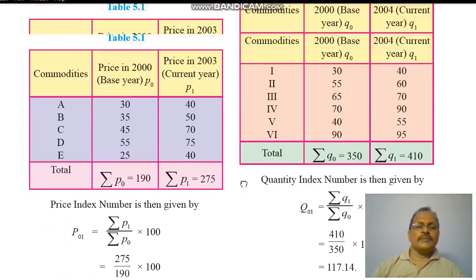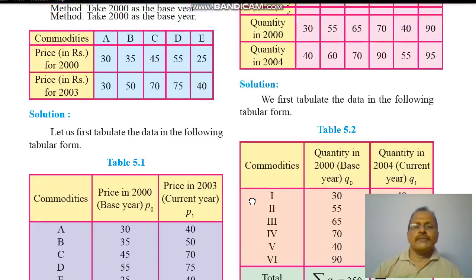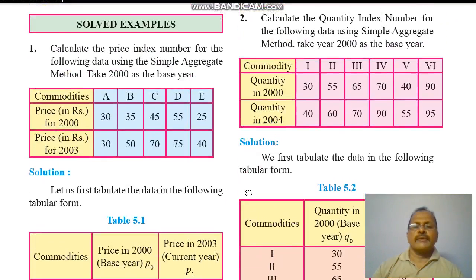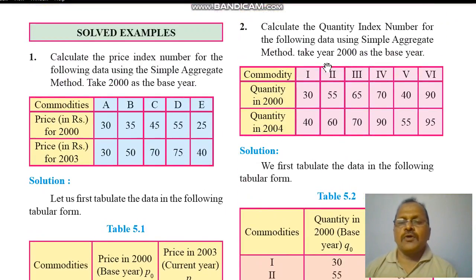Second solved problem is: calculate the quantity index number for the following data using the simple aggregate method. Make year 2000 the base year. It is exactly similar to the previous one.